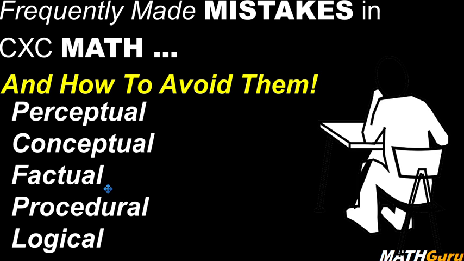Factual mistakes are mistakes that students are unable to or fail to recall, for example, the definition of a term or the formula to be used or the units of measurement, etc. Then there's the procedural mistakes, for example, in calculating or simplifying a mathematical expression.